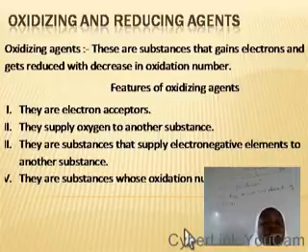Oxidizing agents are substances that gain electrons, and in the process they get reduced, and their oxidation number decreases. Now, features of oxidizing agents. One of the features is that they are electron acceptors. In a redox reaction, they are the ones that accept electrons. They supply oxygen to another substance. There are also substances that supply an electronegative element, for example oxygen, to another substance.